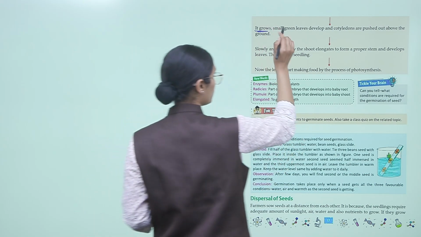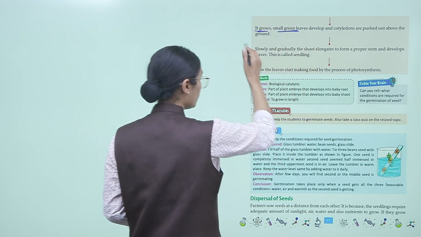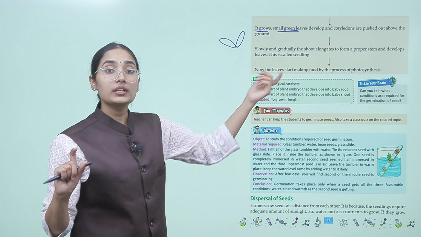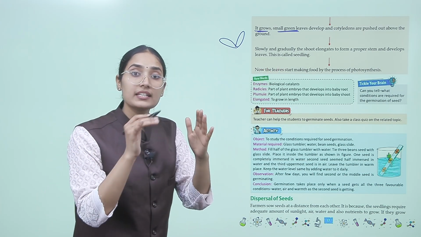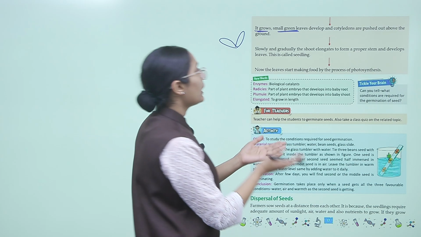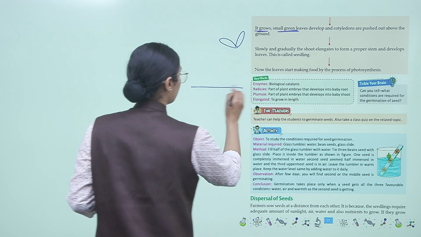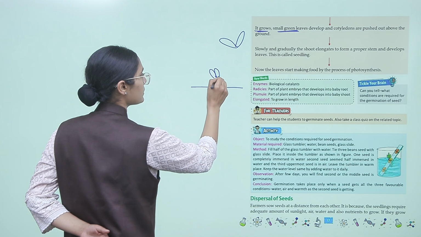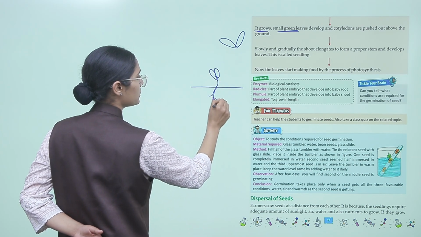These are called true leaves. Two leaves first come out of that plant, and the cotyledon, the actual seed that we consume, is pushed up like this. This is the root.